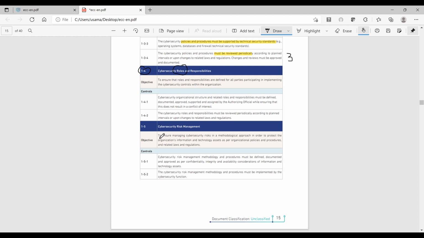When we are saying roles, it means function. Persons who have a role, maybe managers, employees, third parties, and so on. This is what we mean by the roles.